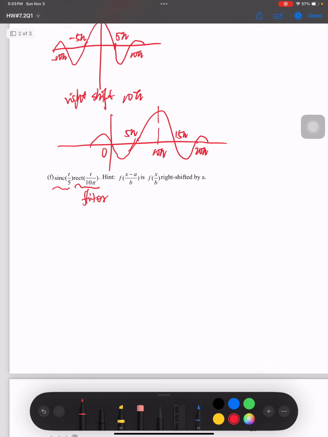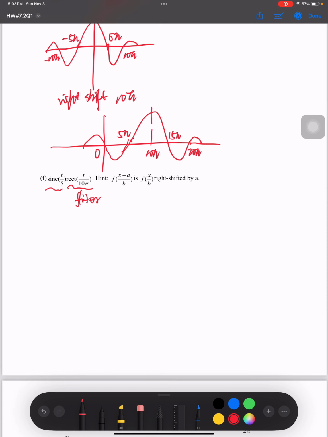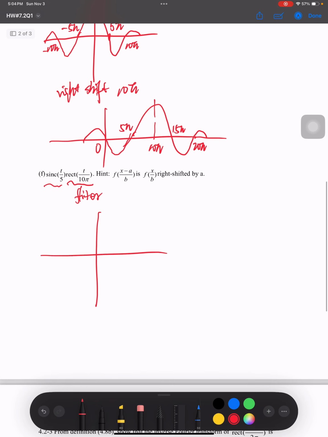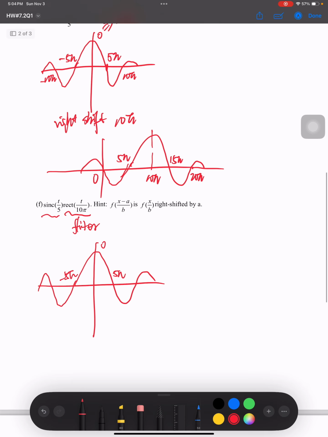So this is the sinc function, something like this, and this is 0 and 5 pi, right? Here is 5 pi, minus 5 pi. And then for this rectangular function, because a is 10 pi, its filter function is a over 2, minus, and this is 1.